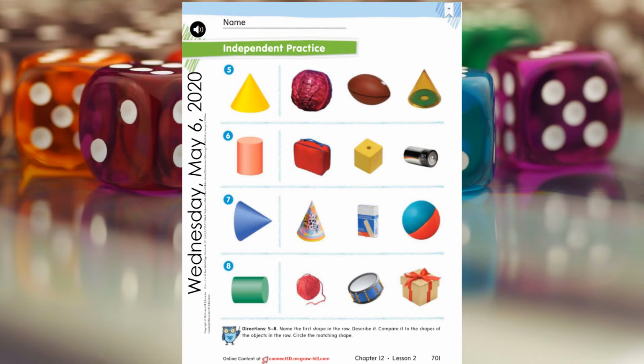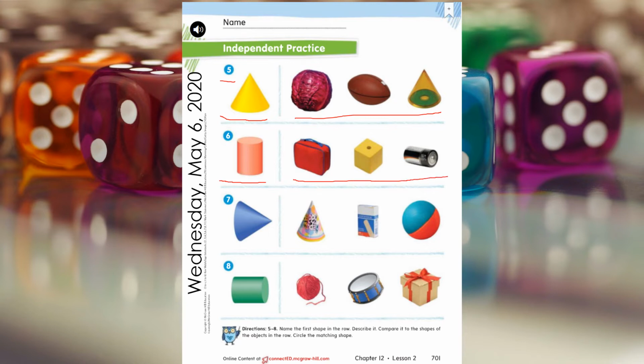Number 5. Number 5 is a cone. Which one of these is a cone? Think about the characteristics of a cone. Number 6 is a cylinder.